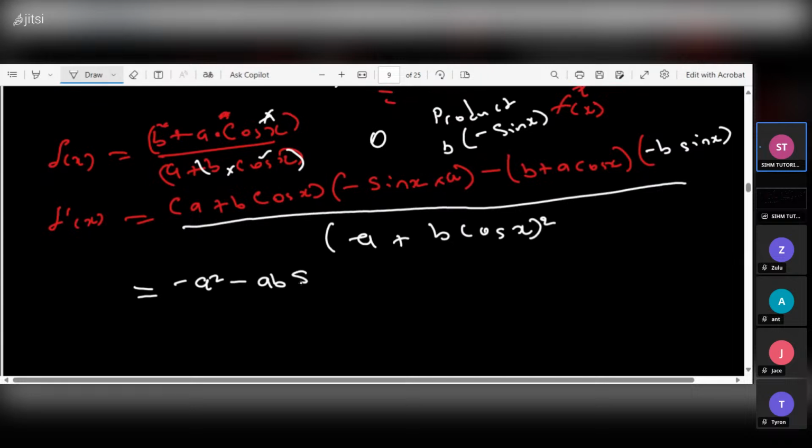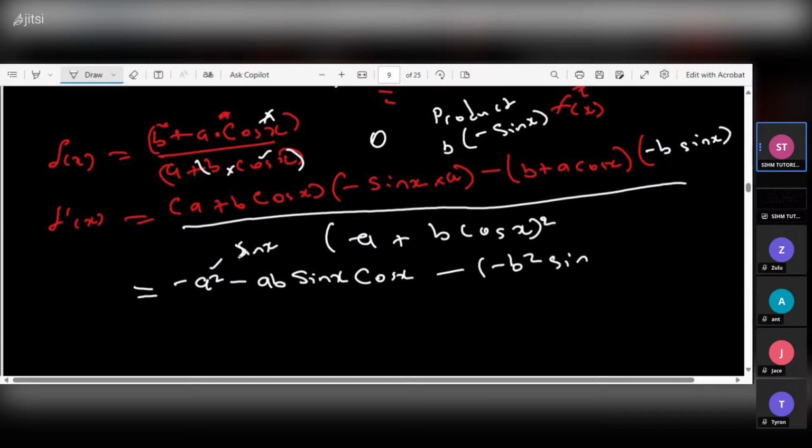Let me write sine x, then cos x, as you know, and then minus what? Minus b. We're going to put this together, so we're going to have negative b squared sine x. Oh, I'm sorry, here was supposed to be sine x.